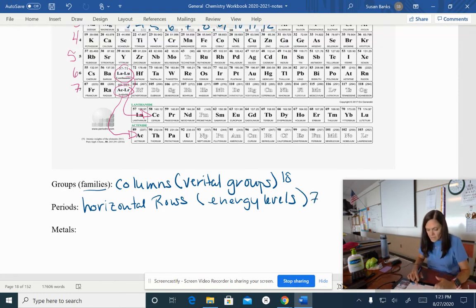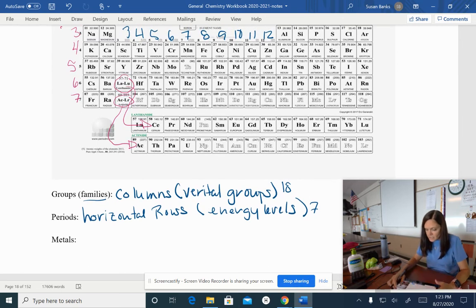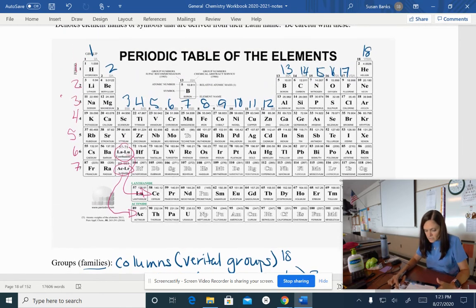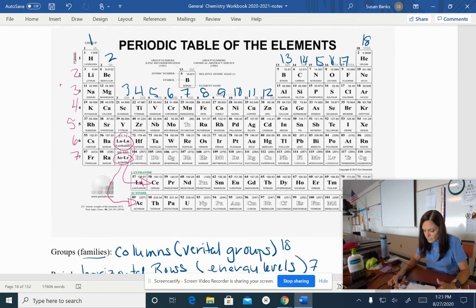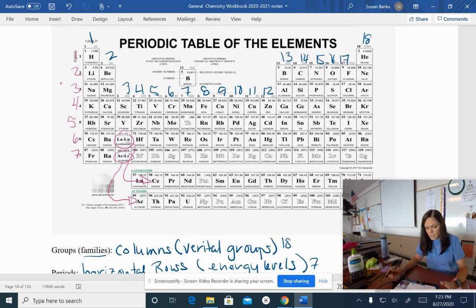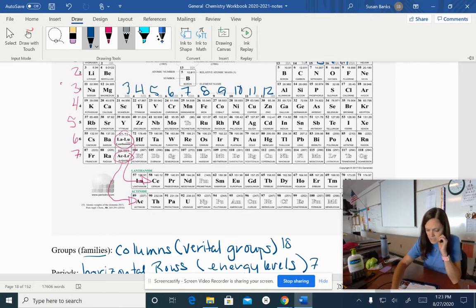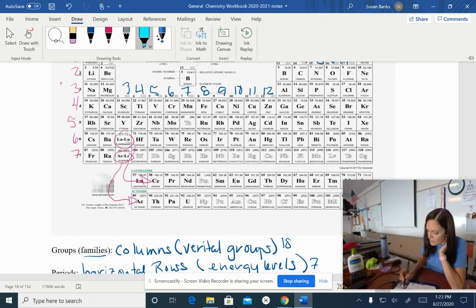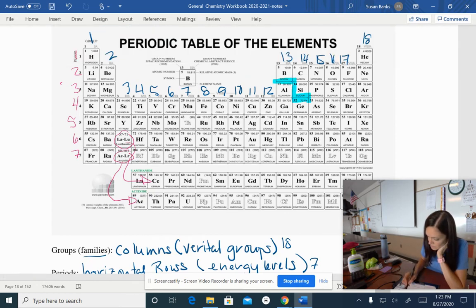Okay, now metals. I'm going to show you a trick. There's a little line that we can put in the periodic table to separate the metals from the nonmetals. I'm going to grab a highlighter and I'm going to draw in that line. We start between boron and aluminum, and we just draw stair steps all the way down through the periodic table.